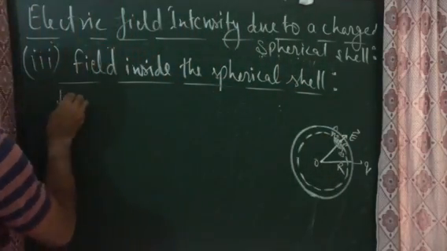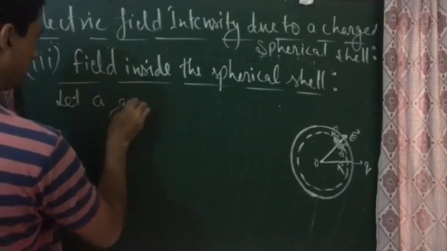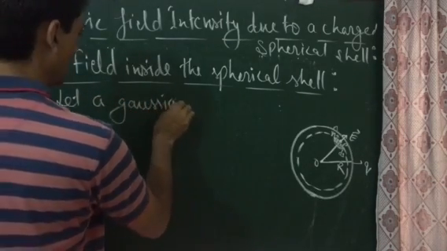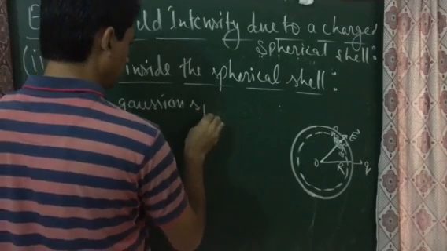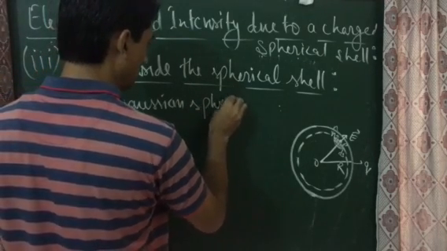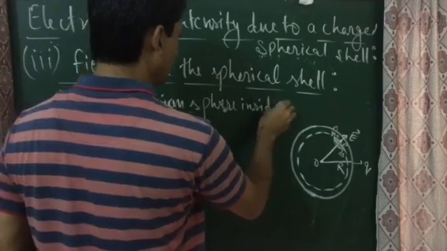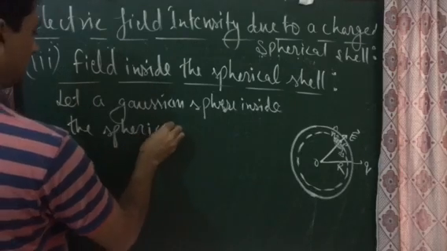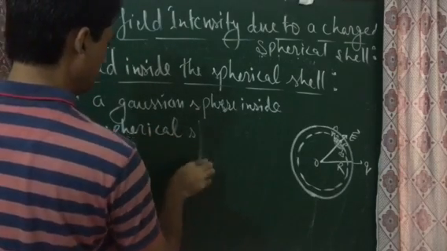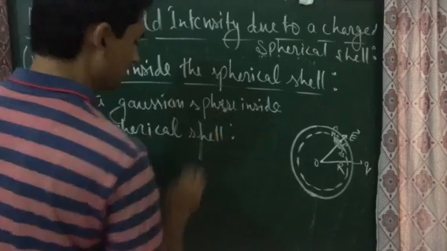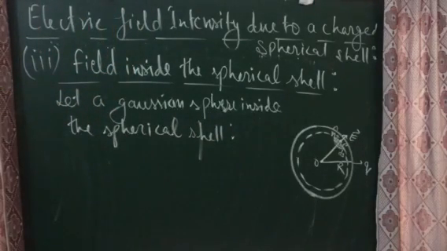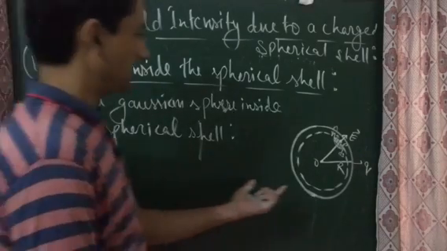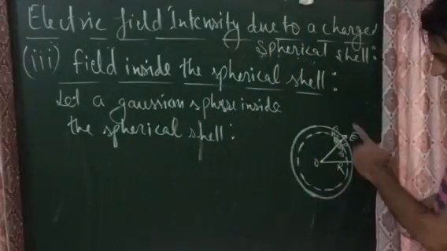So let a Gaussian sphere inside the spherical shell. So यहाँ पे हमने inside the spherical shell Gaussian surface को consider किया है.